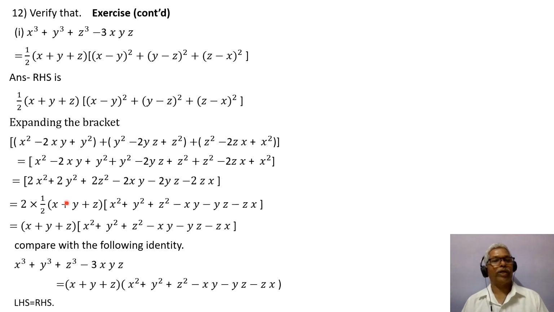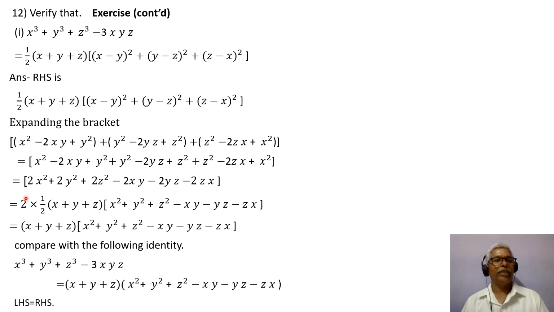There are two x squares, so 2x² + 2y² + 2z² − 2xy − 2yz − 2zx. Now we can take 2 common and take this term also. So 2 into 1/2 into (x + y + z), bracket complete, and another bracket what remains is x² + y² + z² − xy − yz − zx, bracket complete.